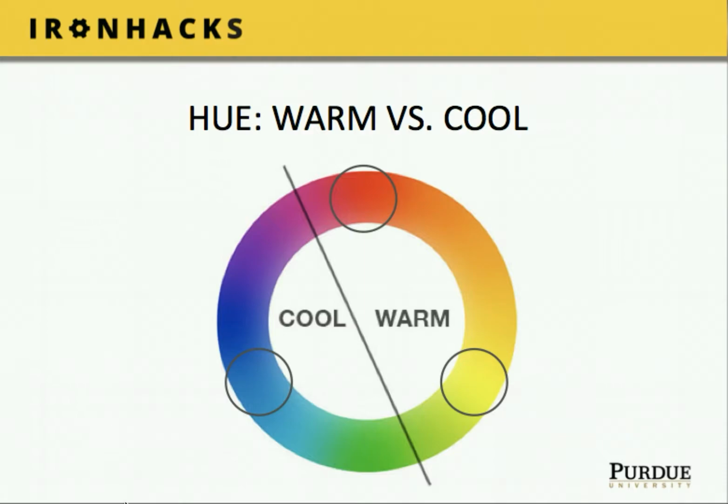So let's look at the color wheel, which is one of the crucial tools in design. The three primary colors, the red, the blue, the yellow, are essentially what all other colors are mixed from. So all other colors are kind of a combination of these three.